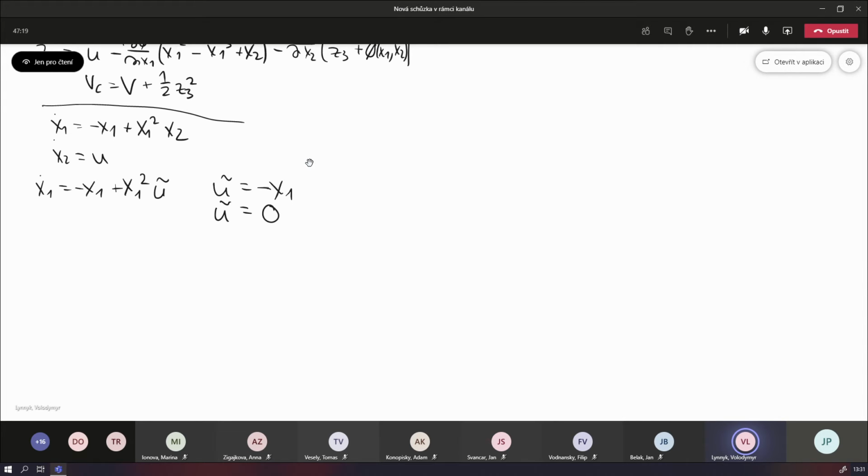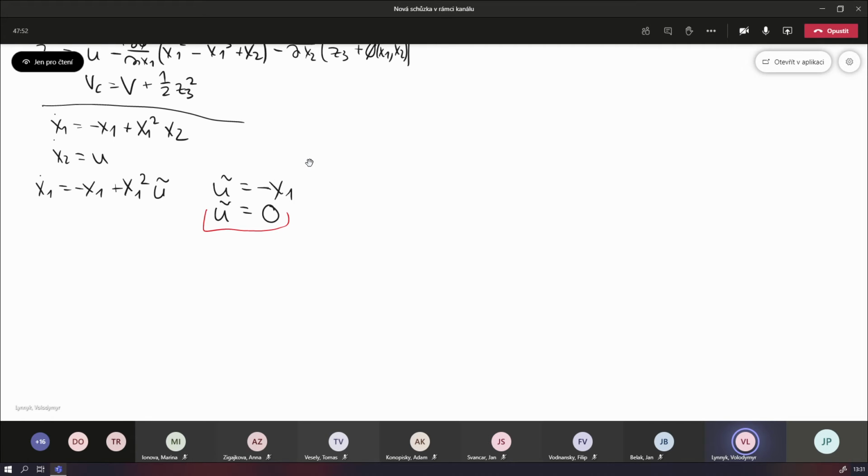Or we can choose this minus x1. Both solutions are right, but we choose this first. It's easier.